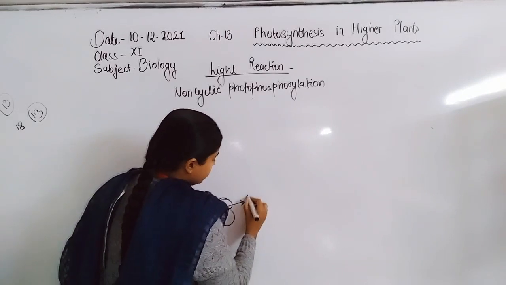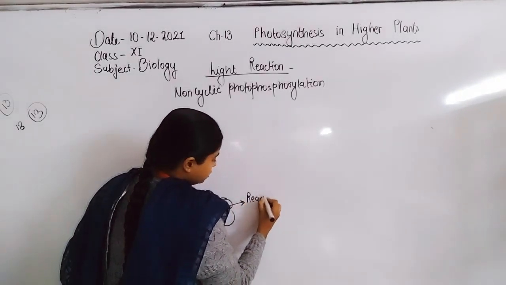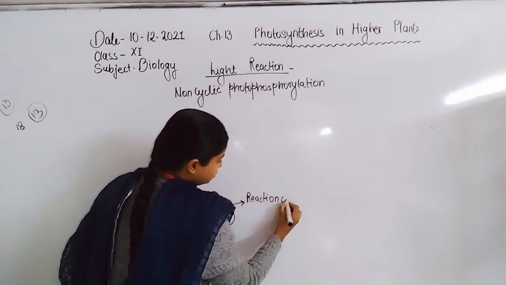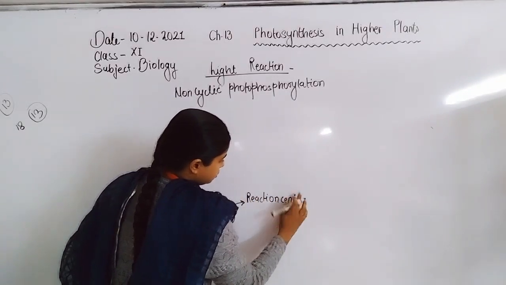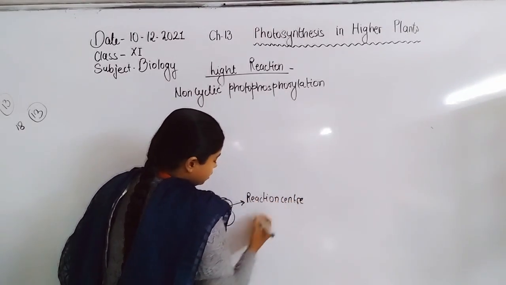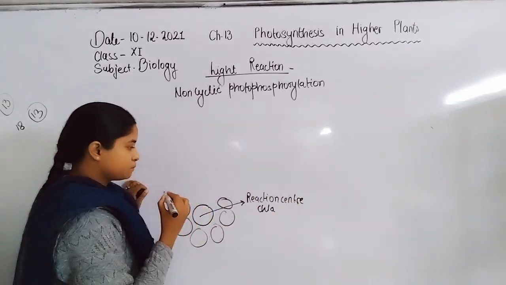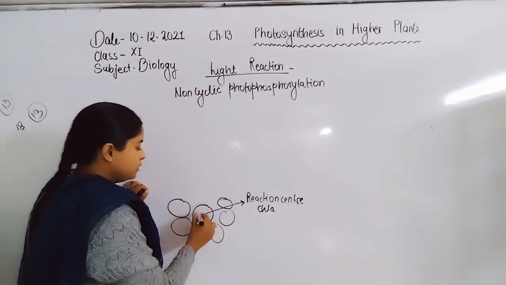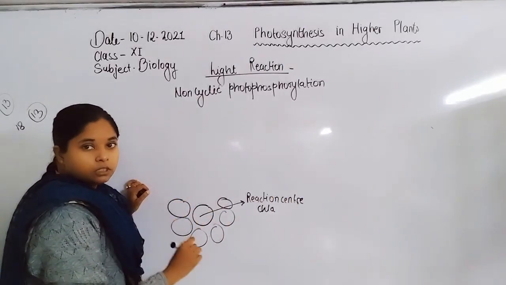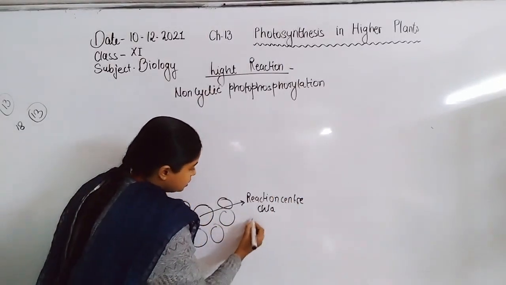So here is the reaction center, which is formed by chlorophyll A and is present centrally in the light harvesting complex.